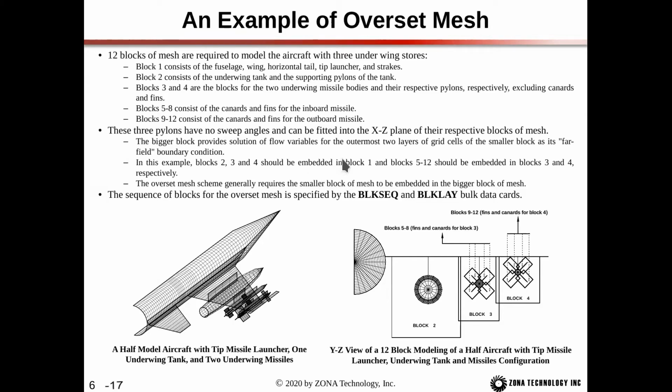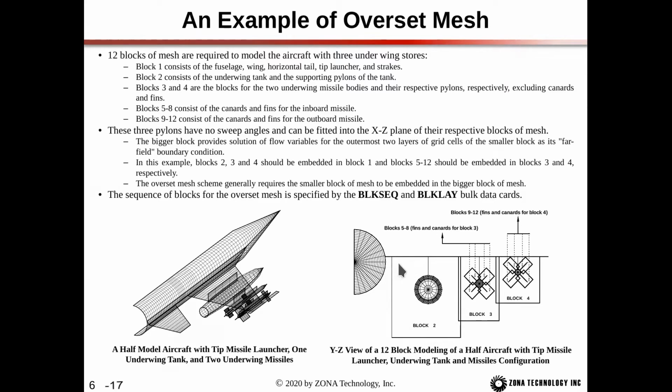Let's see, in the other direction, the hole cuts. Okay, so then in the other direction, if we look at block 2 embedded in the main block, block 2 hole cuts the main block. So if we skip 2 cells and then look at the interior portion of block 2, this interior portion will hole cut the main block.